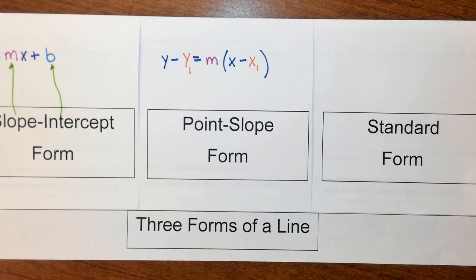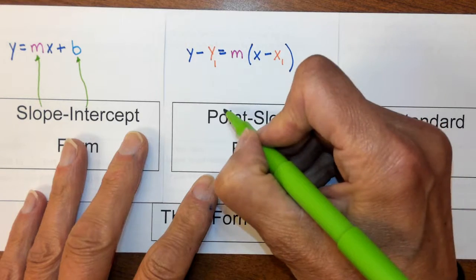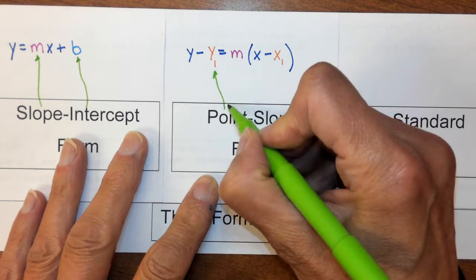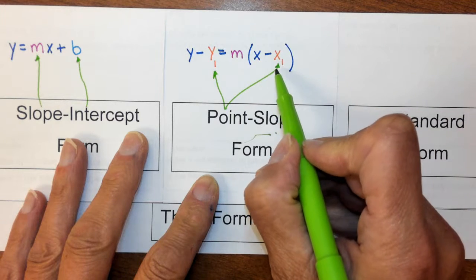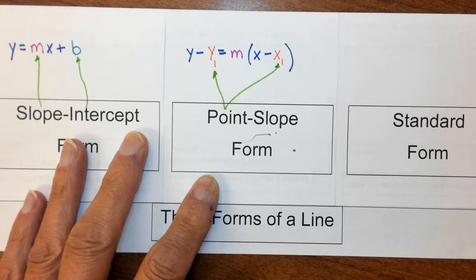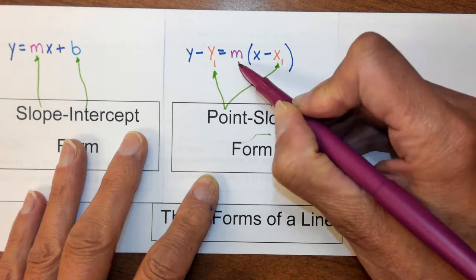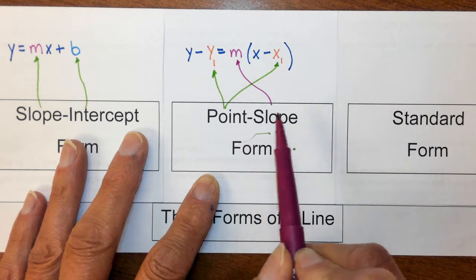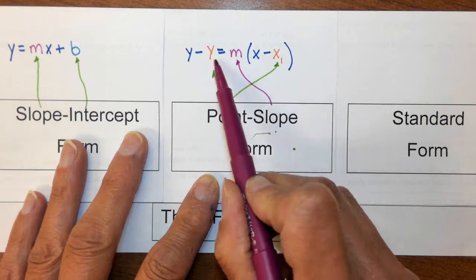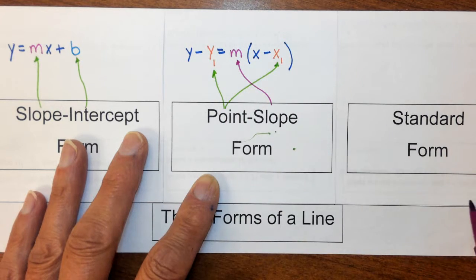Okay, so here, our point is given right here with x1 and y1, and again, our slope is given right there. So the name of the form tells us exactly what it is that we can find within that form.